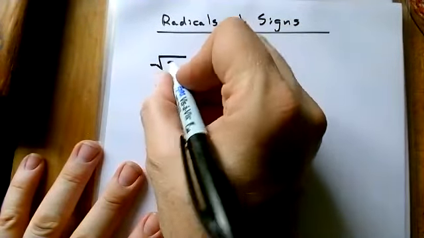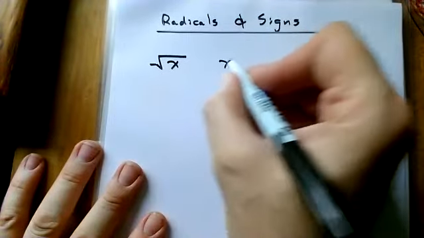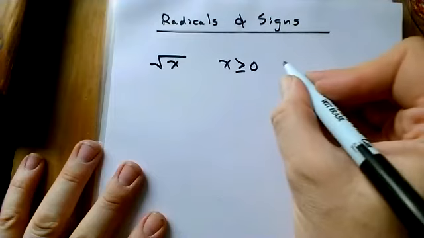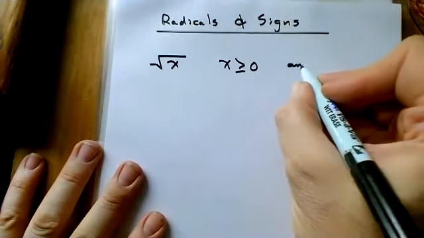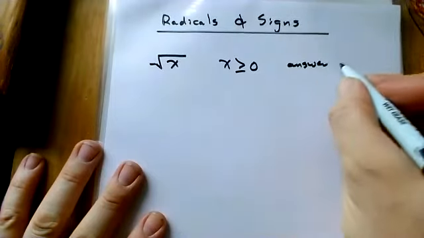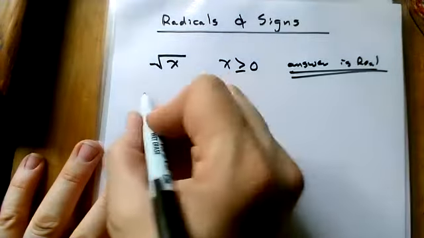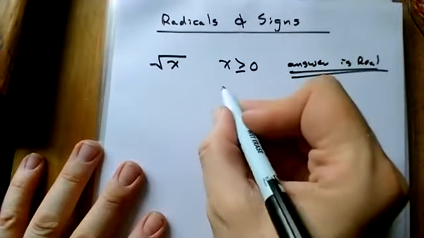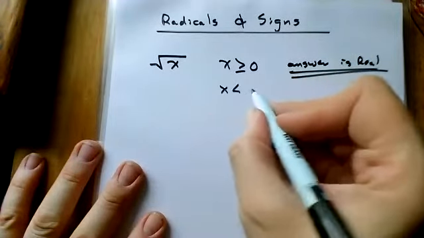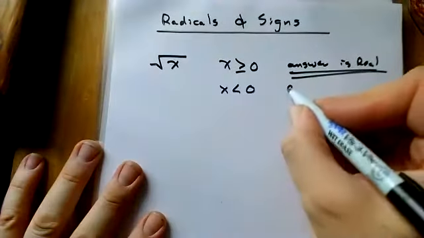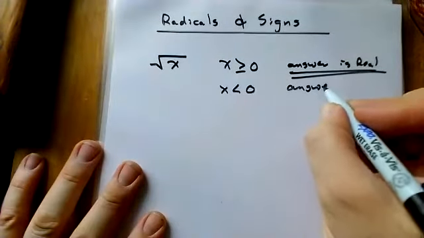So if x is greater than or equal to 0, we're okay. Then our answer is real. I cannot, however, if I've got a negative number under the radical, then our answer is not real.